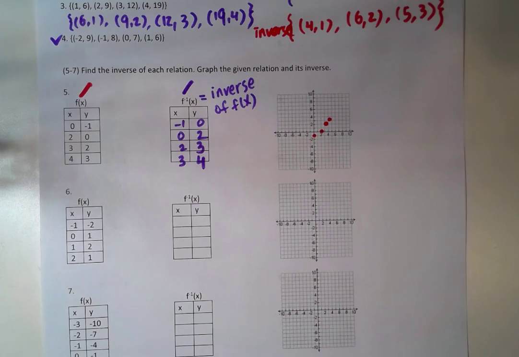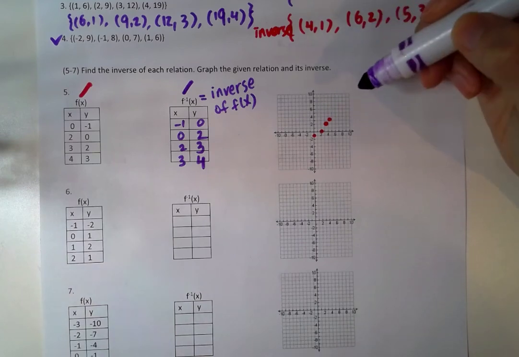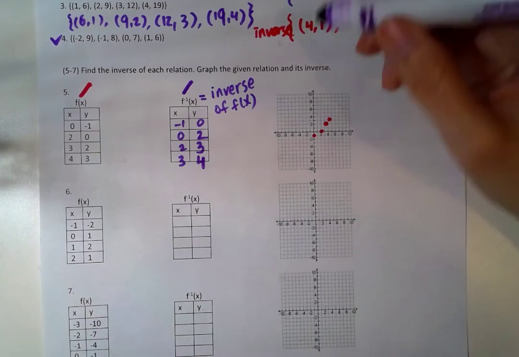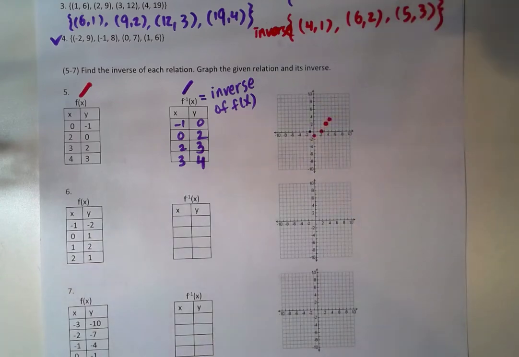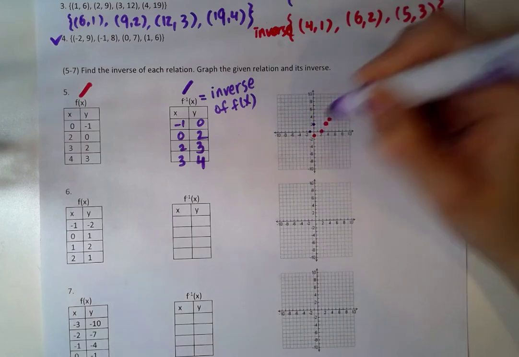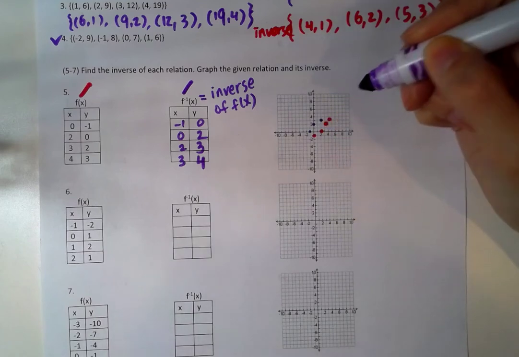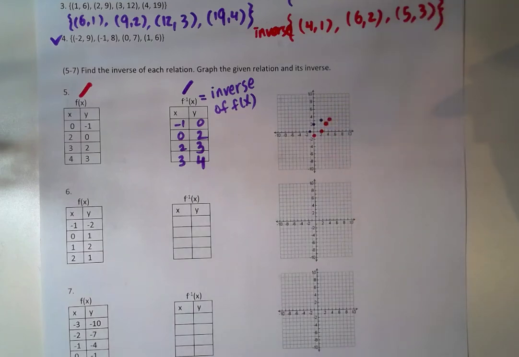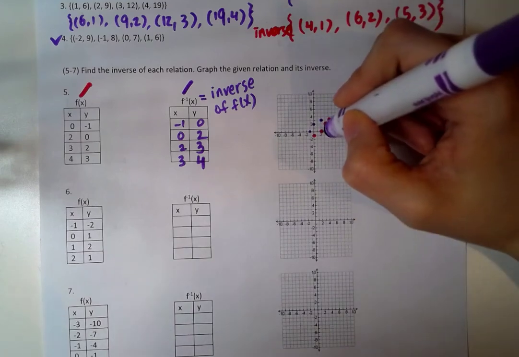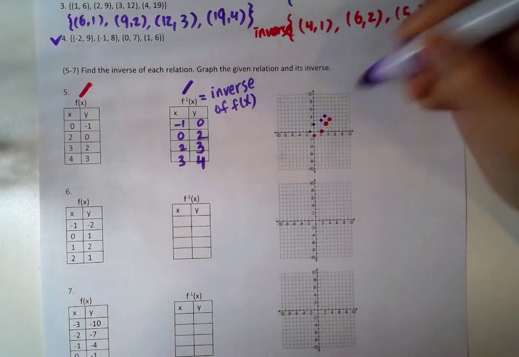And now I'm going to plot my inverse function. So first you have (-1, 0). So it's right here. And you have (0, 2). It's over here. And (2, 3). (2, 3). Right? And (3, 4). (3, 4).